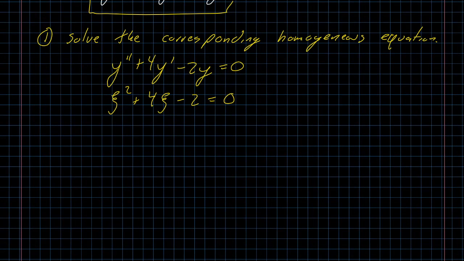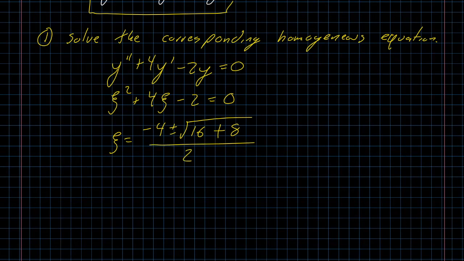So I'm going to turn pretty quickly to the quadratic formula. c equals the negative of 4 plus or minus the square root of 4 squared, which is 16, minus 4 times 1 times negative 2, which is minus negative 8, or just plus 8, all over 2 times 1, which is 2. All right, 16 plus 8 is 24.